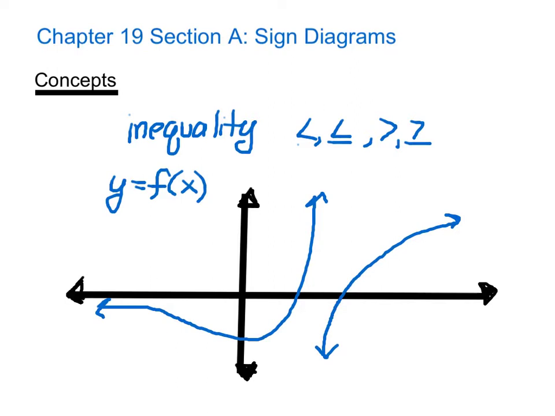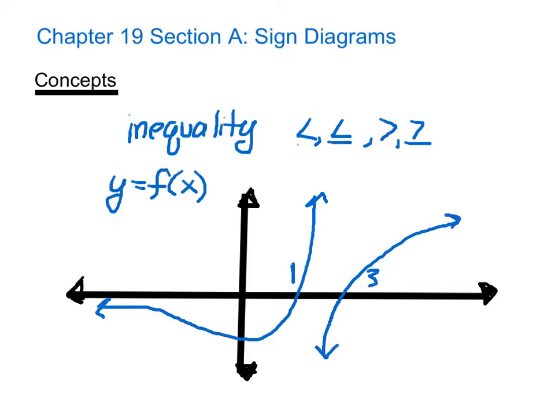Some of the critical values, and we'll talk more about what those are in a minute, are where the function crosses the x-axis and where the function is undefined. So let's actually give those some values. Let's say that this is x equals 1 and this is x equals 3.